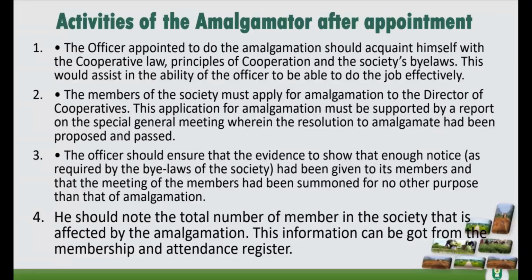Number three, the officer should ensure that there is evidence to show that enough notice, as required by the bylaws of the society, had been given to its members and that the meeting of the members had been summoned for no other purpose than that of amalgamation.